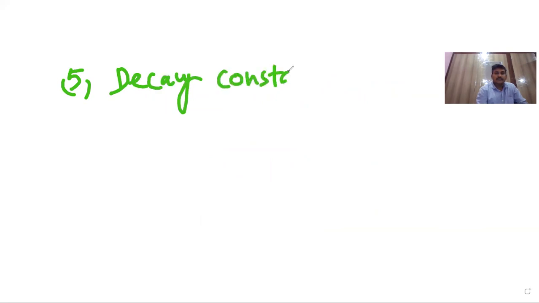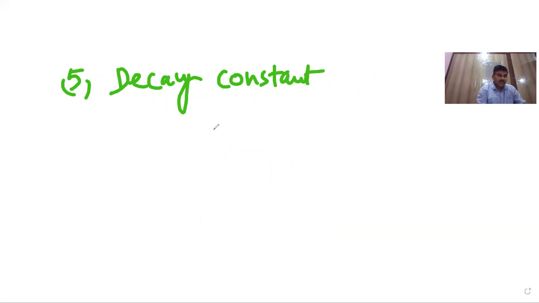Let me take up the fifth parameter, which is decay constant. We come across this in the modern physics of lifetime period.